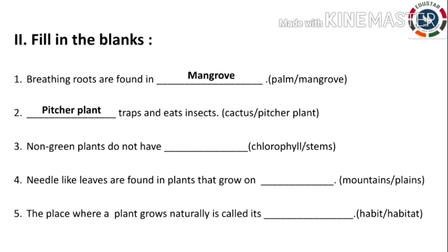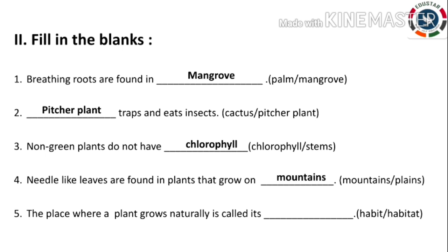Pitcher plant. Non-green plants do not have dash, chlorophyll or stems. So non-green plants do not have chlorophyll. Needle-like leaves are found in plants that grow on mountain or plains. Where do these types of plants grow? On mountains.